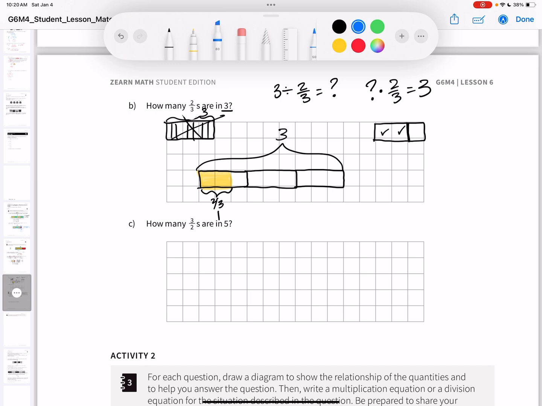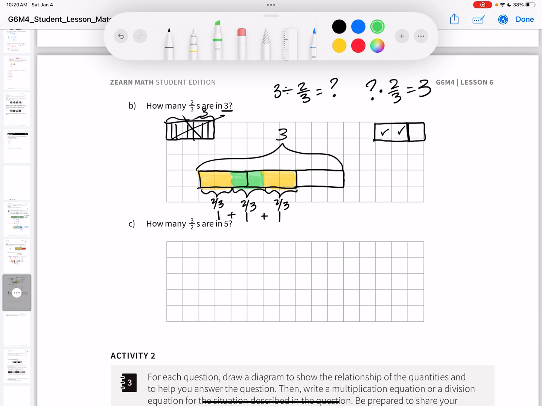Then we have 2 boxes, which is 2/3, which is another group. Oops, I don't want to say 2 there. I want to say that's another 1. Then we have another 2/3, which is another group. So we're going to add another group.